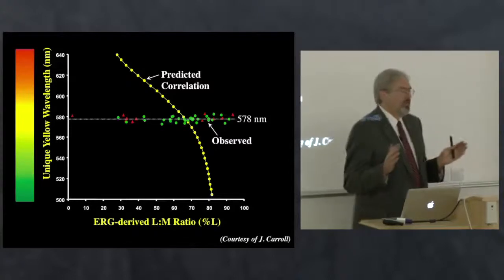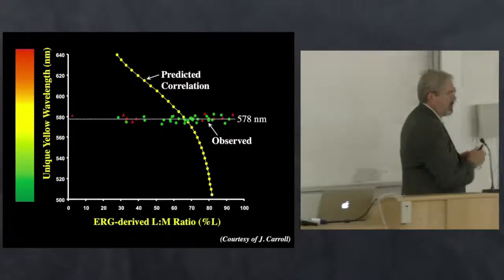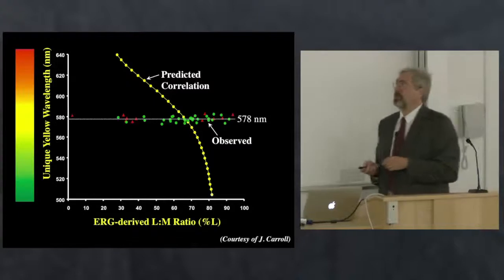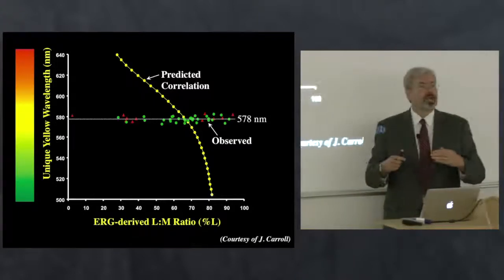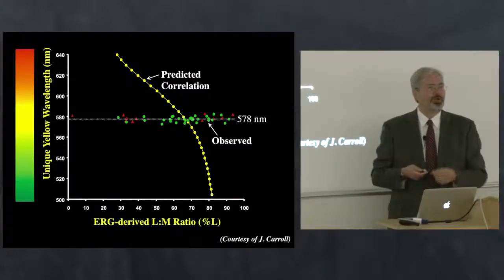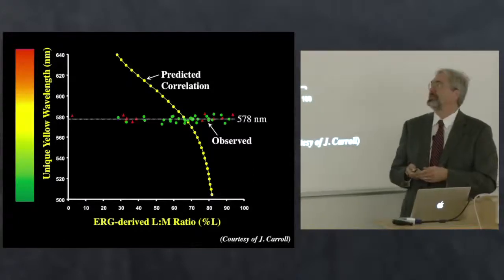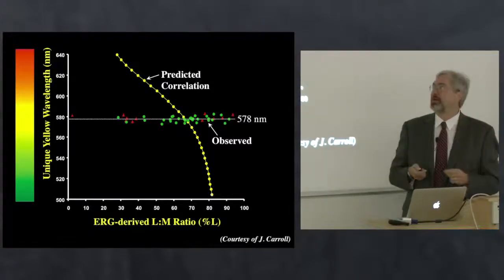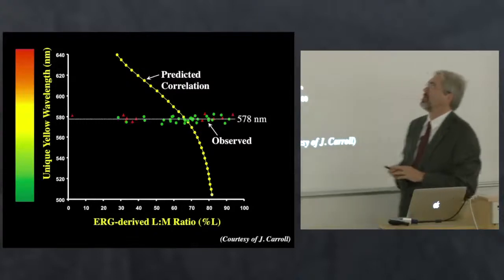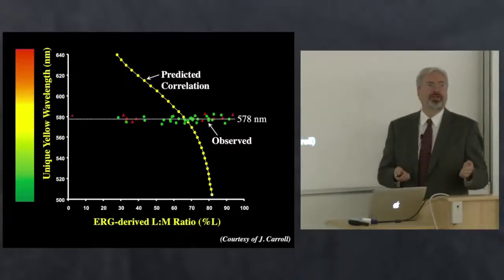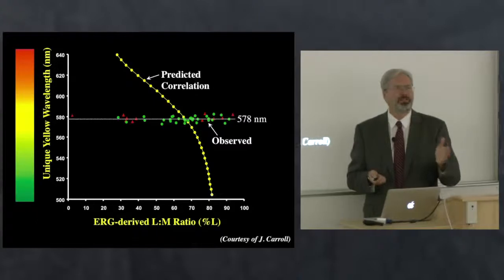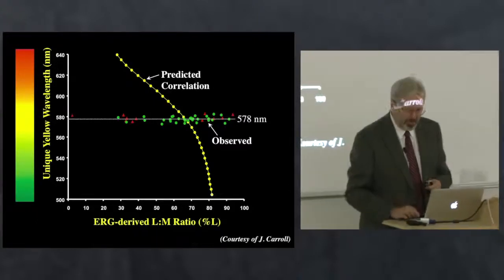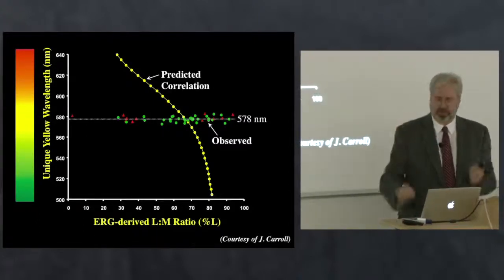So we now know from experiments I don't have time to describe that there are plastic mechanisms that set what unique yellow is, and there's a good reason why the visual system is organized that way for defining the boundaries in color experience. And it has little, if anything, to do with the hardware at the front end, at least with the relative numbers of cones for large-scale stimuli.